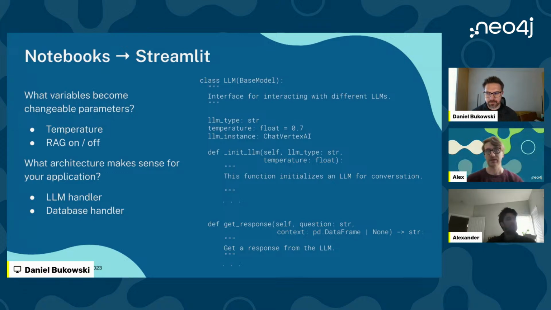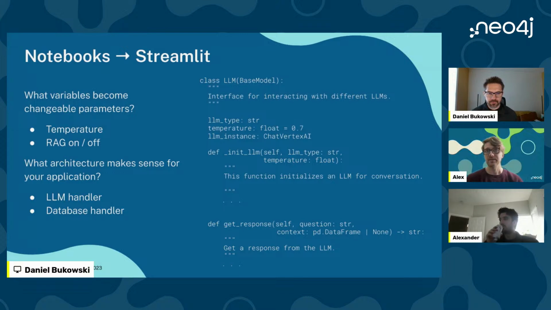And when you're moving from a notebook into Streamlit, something else you really want to pay attention to is what variables you want to adjust and fine tune. This could be the temperature, the number of context documents that you're returning, or the LLM that you're using to generate these responses.